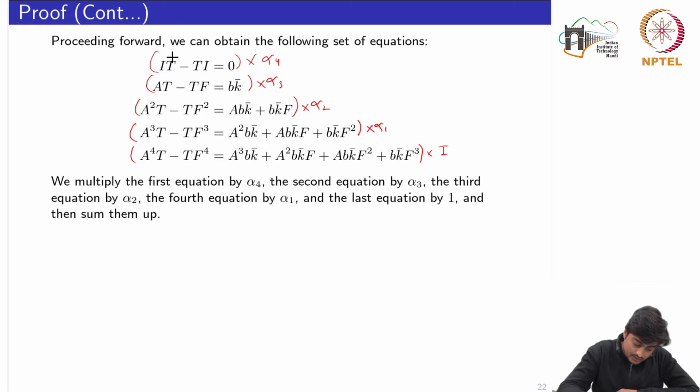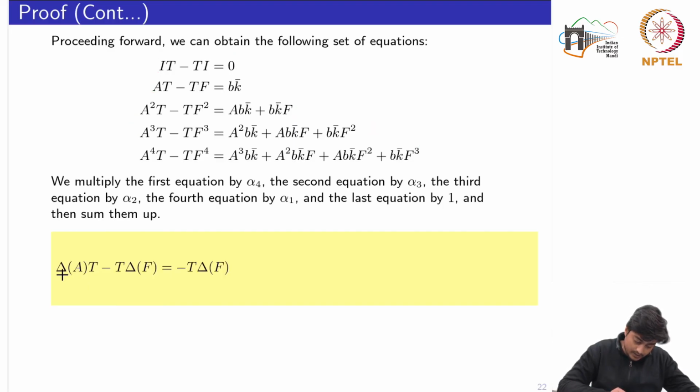So you would notice that the T matrix we can take common, and the rest of the elements in the bracket would be alpha 4 plus A times alpha 3 plus A squared alpha 2, A cubed alpha 1 and A to the 4.